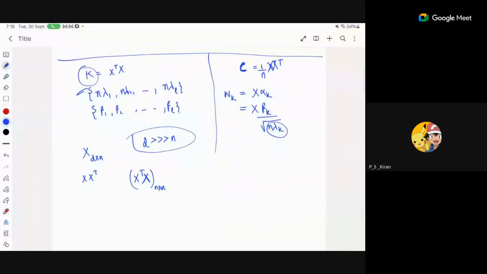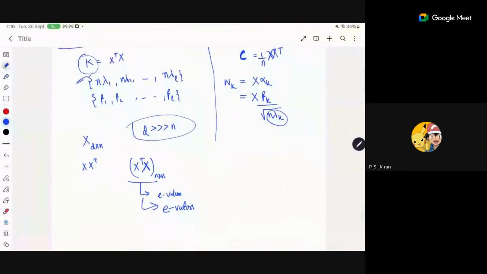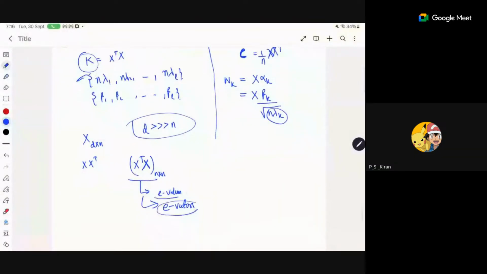It is not going to take too much time. So we do X transpose X, and we find the eigenvalues and eigenvectors for it. Whatever eigenvectors and eigenvalues you got can be used to find the principal component for my data set, which is given by wk equal to X times beta k by under root of n lambda k.